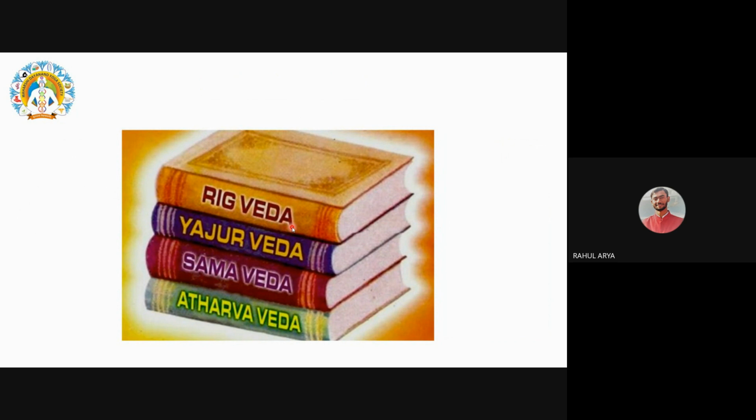He commented on thousands of texts in his short life. Now you can assume how knowledgeable he was, Maharshi Dayanand Saraswati, and he later gave the Arya Samaj. And after him, thousands of devotees follow Maharshi Dayanand Saraswati, and I am also one of them.